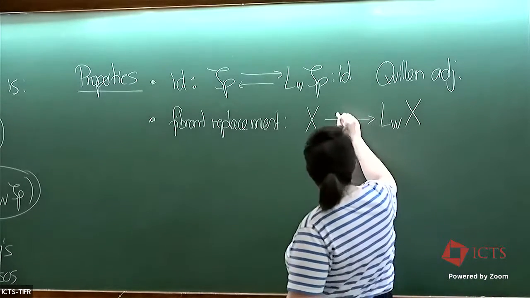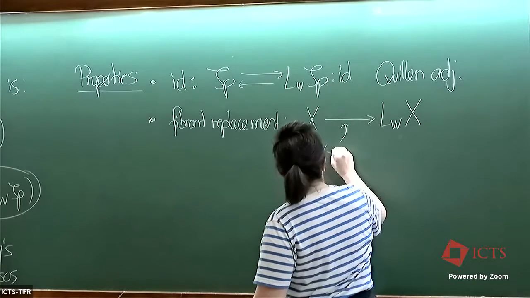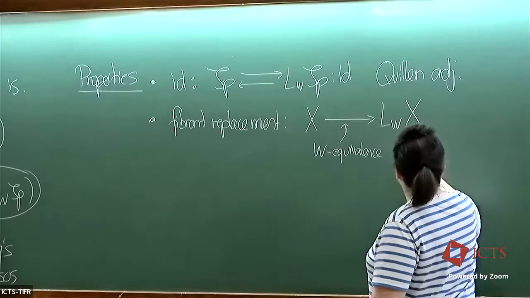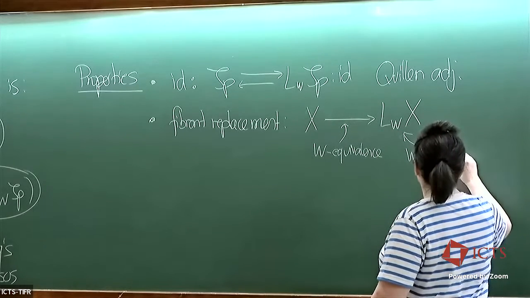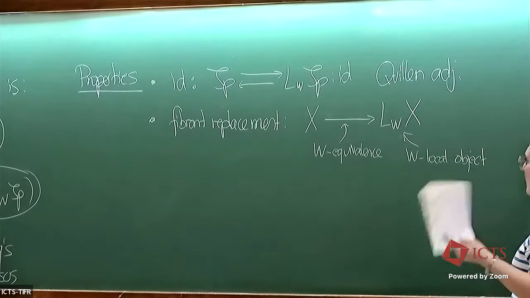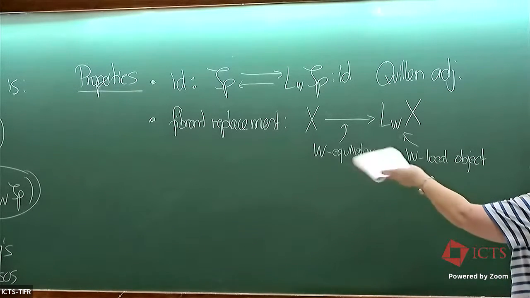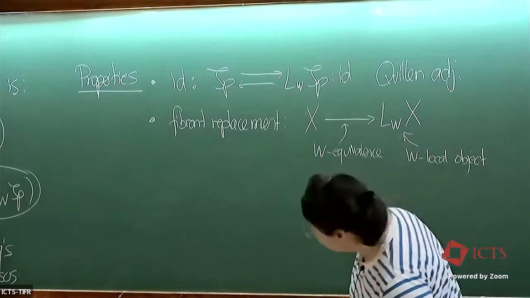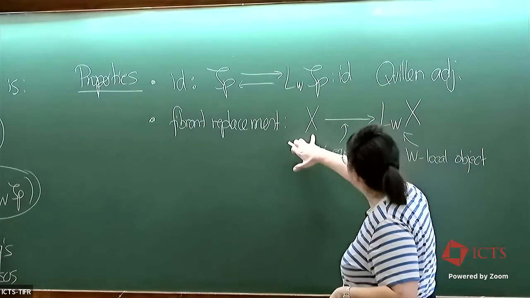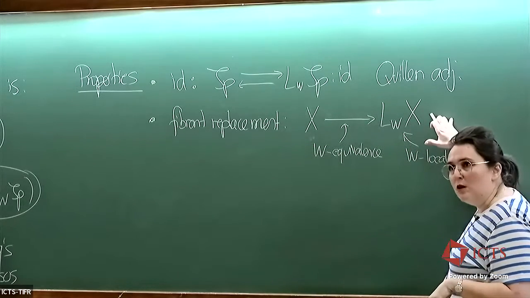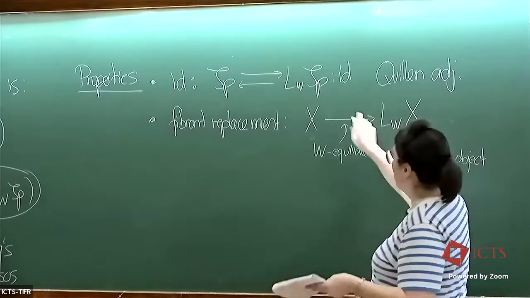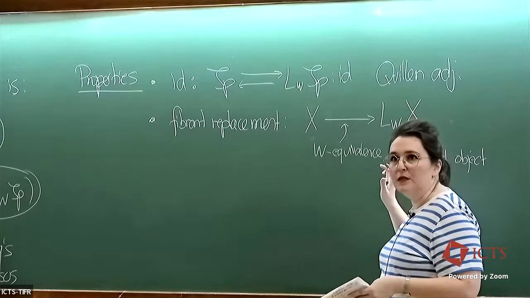And that is a W equivalence, and that is a W-local object. So the model structure gives us, once one knows it exists, a very simple tool to take an object, replace it with a local one, and the W, or in our case, the homology theory, will not see the difference between them.